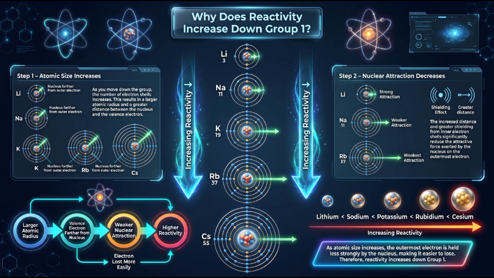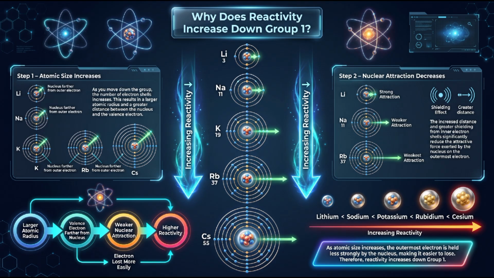As a result, the outermost electron becomes progressively farther away from the nucleus. This increase in distance is extremely important. According to Coulomb's law, the force of attraction between two opposite electric charges decreases as the distance between them increases. Therefore, when the outermost electron is located farther from the nucleus, the attractive force exerted by the nucleus becomes weaker.